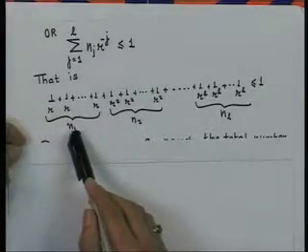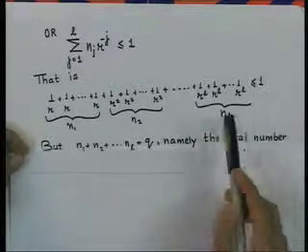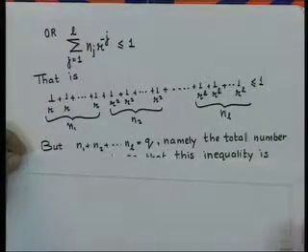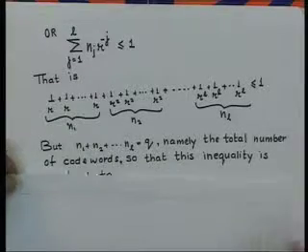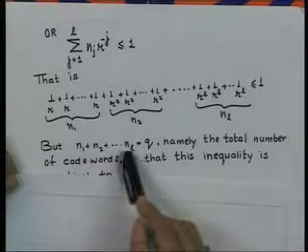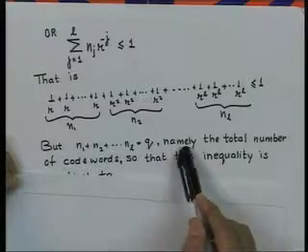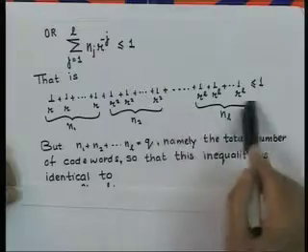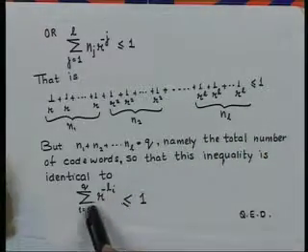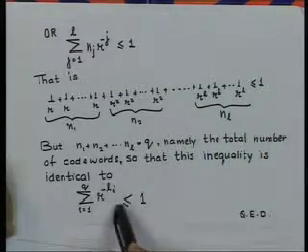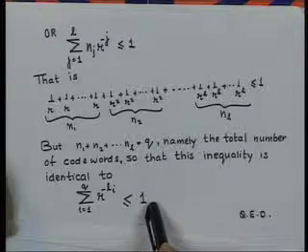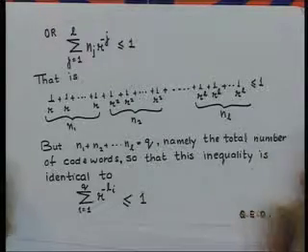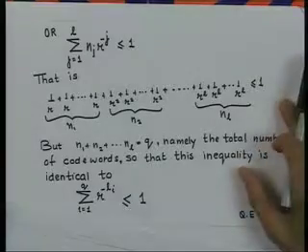Now n1 plus n2 plus up to nL should be equal to q, the size of the source alphabet, that is the total number of code words. So the inequality I have written here is identical to writing the summation of r^(-Li) less than or equal to 1. So this is a proof for the necessity part of the Kraft inequality.